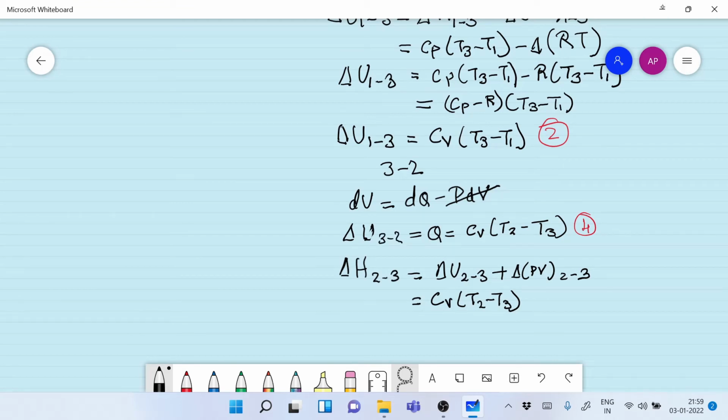And we can write plus delta PV, which is equal to R delta T for 3 to 2.